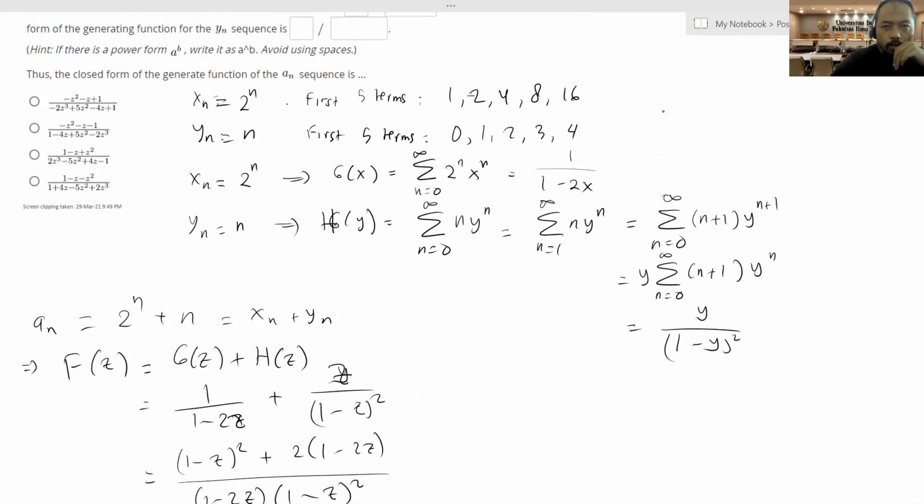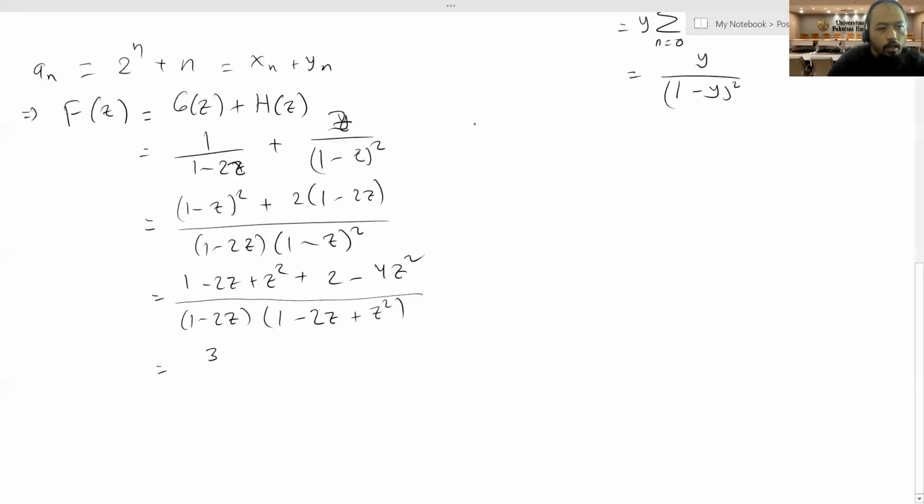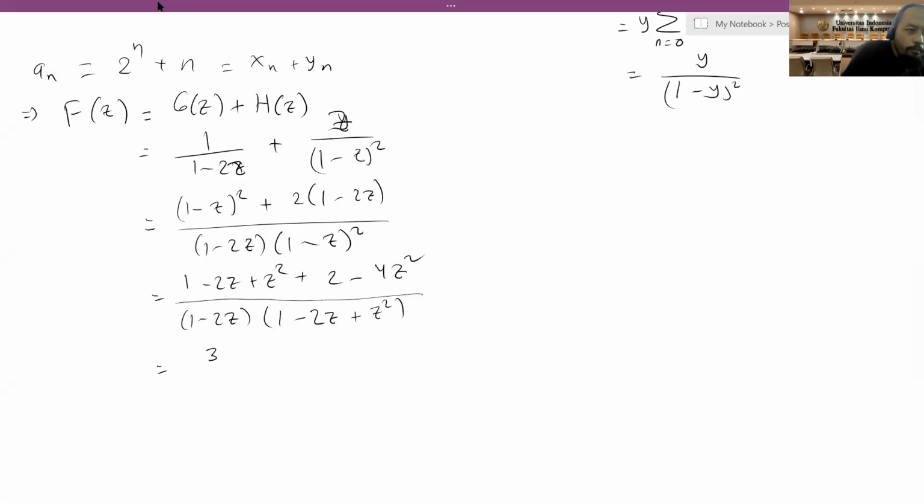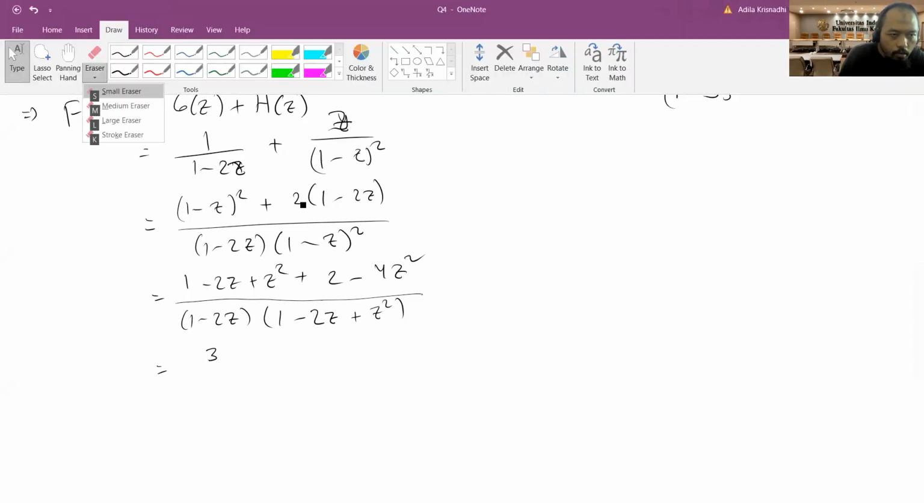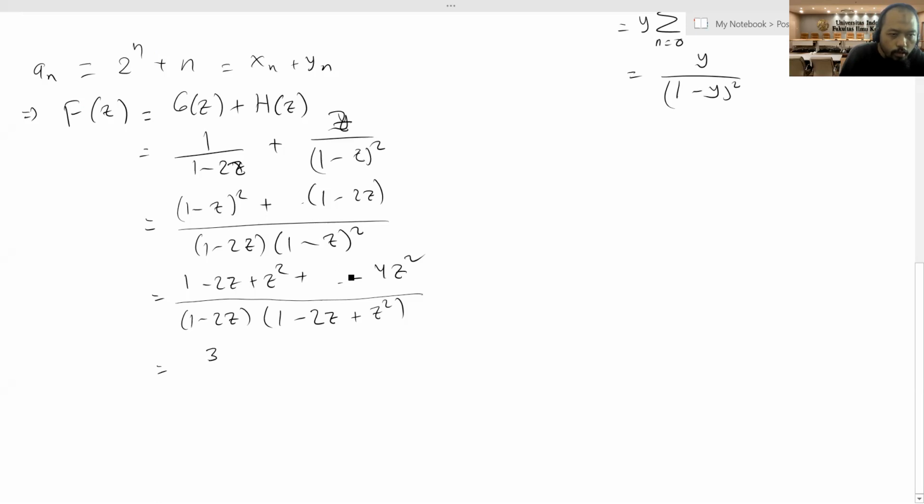Let me go through. All right, apologies, there was a mistake here. It should have been z rather than 2. So in this case, this is z times 1 minus 2z. This gives us plus z minus 2z squared, which gives us 1 minus z minus 3z squared.